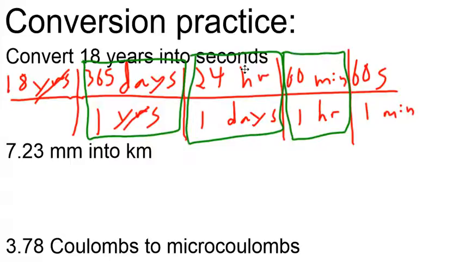And I get 567,648,000. And if we look at this, we initially have 2 significant figures. And so I would round this to 5.7 times 10, or E. And let me count this out. 1, 2, 3, 4, 5, 6, 7, 8, times 10 to the 8th. This would be seconds.